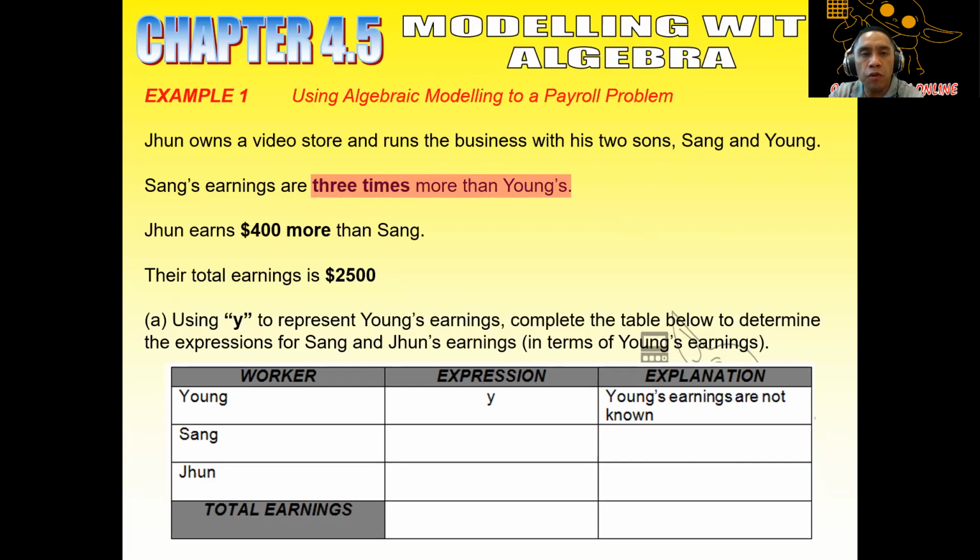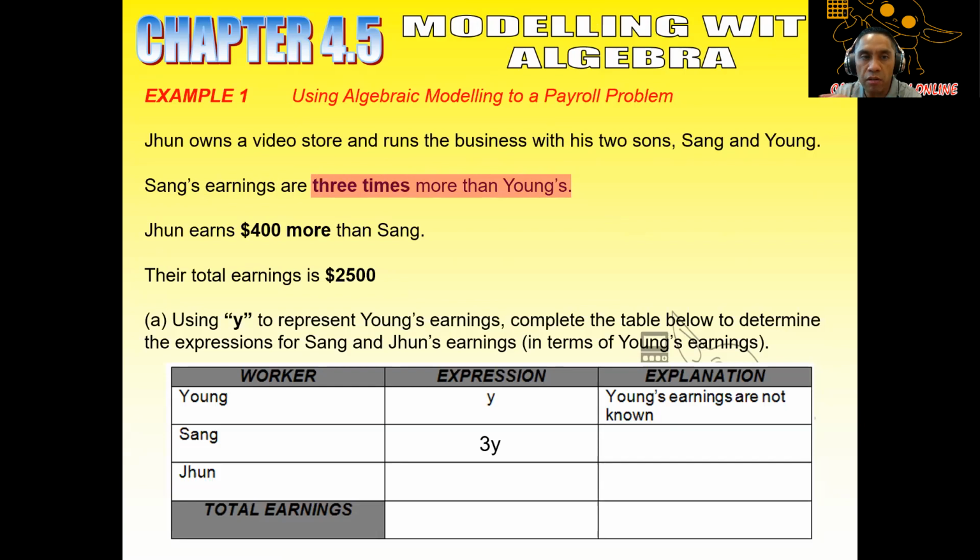If you read that very carefully, this involves 3 times the variable. This is just a multiplication problem involving 3 and the variable Y. So what we have is 3 times Y, which is 3Y. Keep in mind that all the expressions are with regards to Young's earnings, represented by the letter Y.